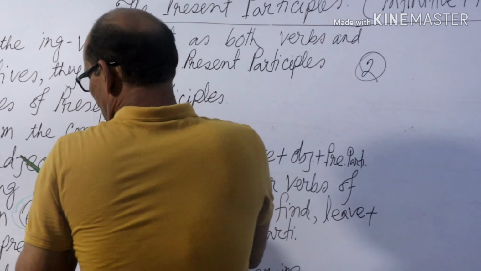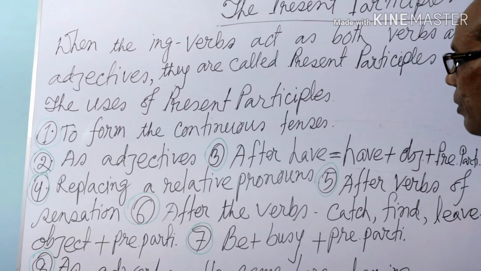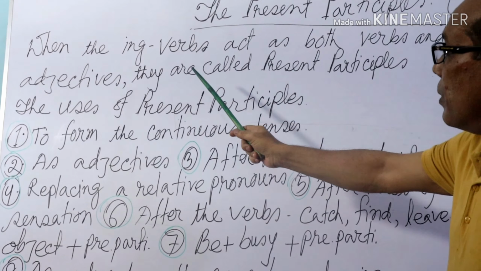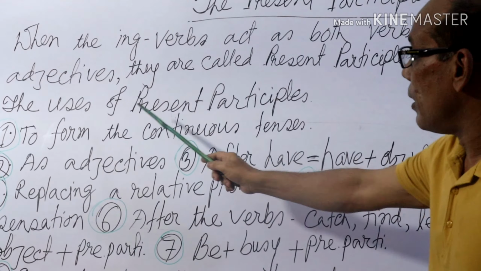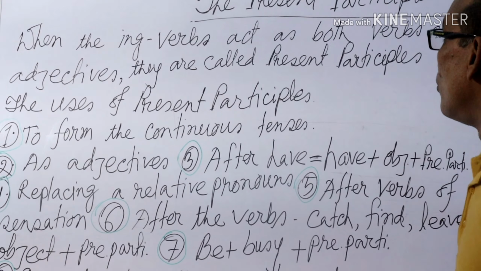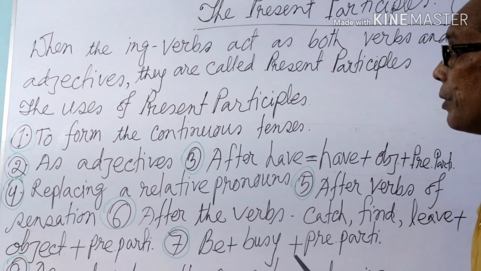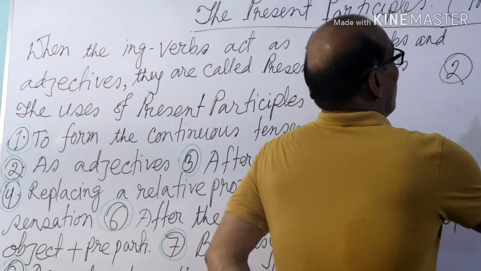Two. Here see, dear learners, as adjectives. That means in the main definition, I have mentioned when the ing verbs act as both verbs and adjectives, they are called present participles. Here, present participle will act as adjectives. Let me show you.